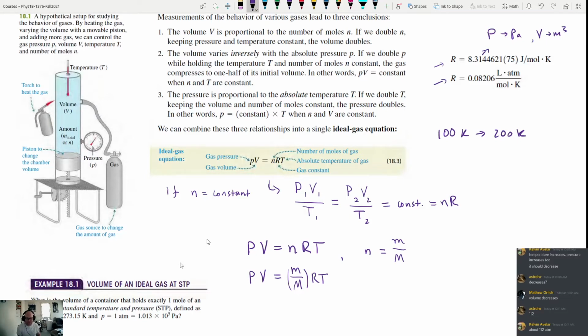Now what we can do is put the density of the gas in now, I think, if we multiply the molar mass to the left-hand side and we divide by volume, then this equation becomes, we'll write it like this: pressure times molar mass divided by R times T is equal to the density of the substance. Okay, we're going to use this a little bit later here.